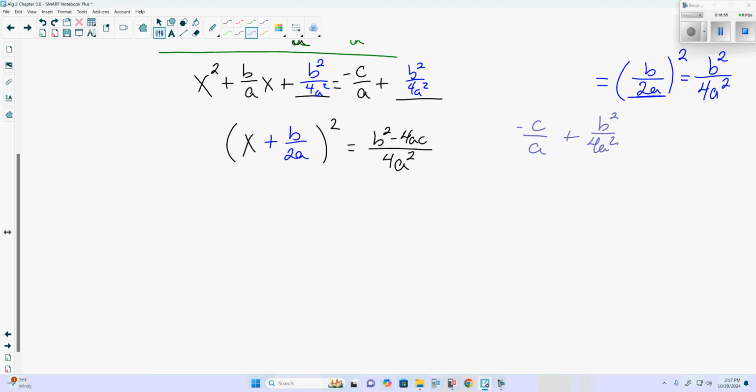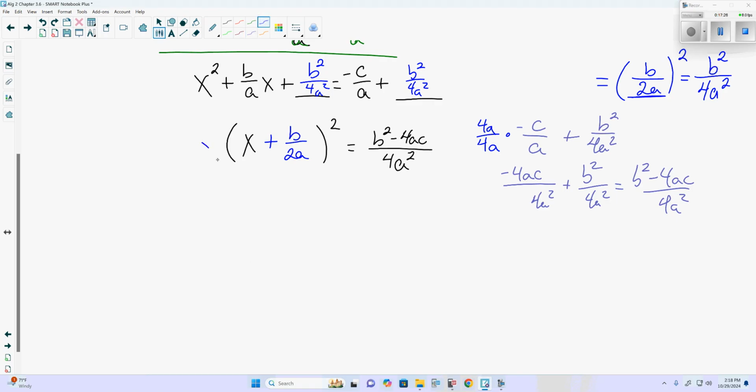What it's missing is the 4 and another a. So we multiply it by 4a. Now what that gives us is negative 4ac over 4a squared plus b squared over 4a squared, which is where we got b squared minus 4ac all over 4a squared.